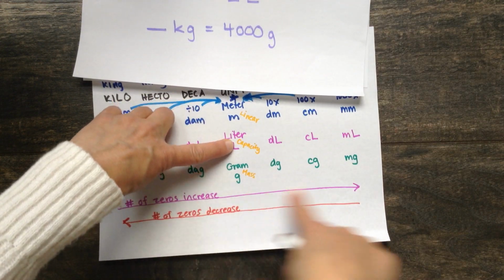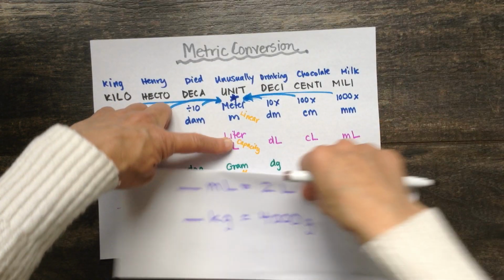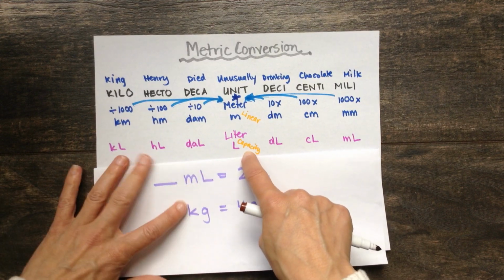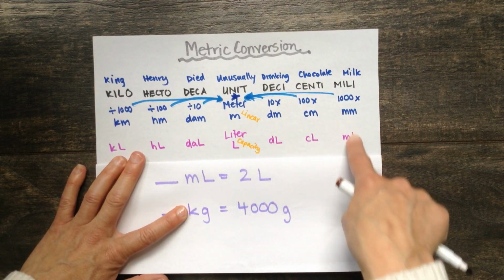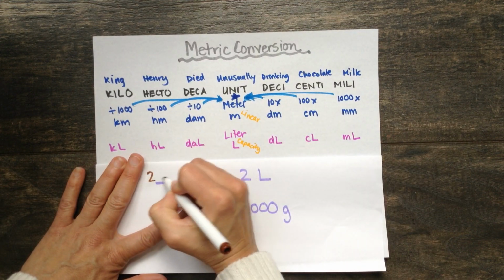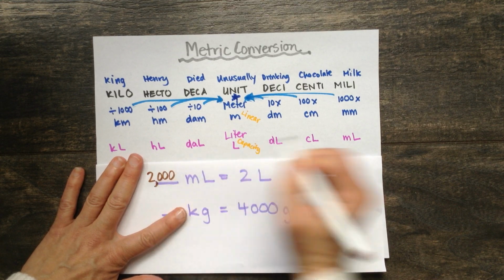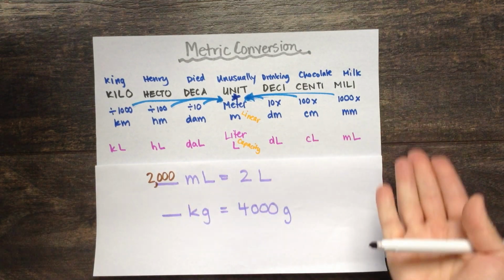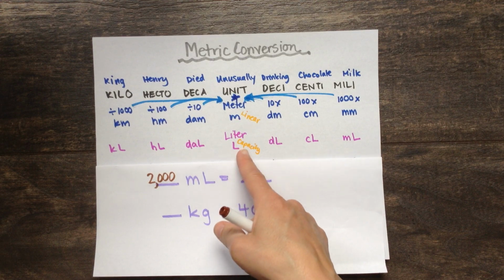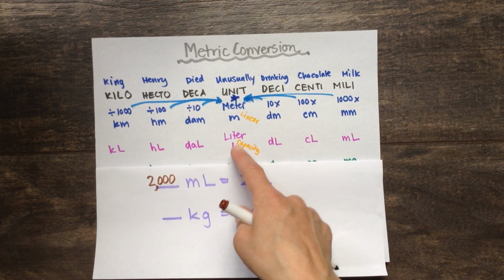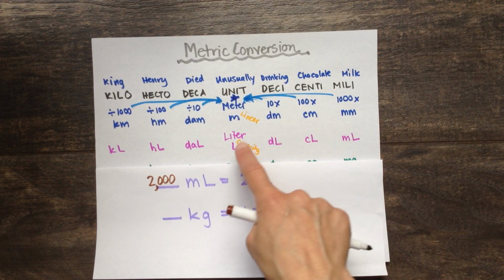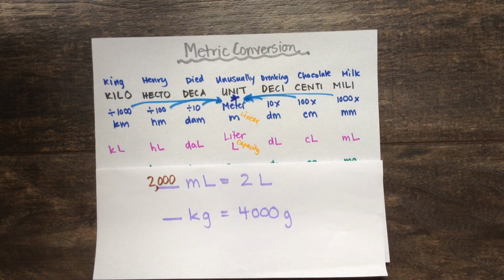If I'm going to go this way, the number of zeros is going to increase. So if I had 2 and I need to get to here, I'm going to go 1, 2, 3. So that would be 2 plus 3 zeros, which means 2,000 milliliters, which makes sense because for every 1 liter, there are 1,000 milliliters. So in 2, there's going to be 2,000, okay?